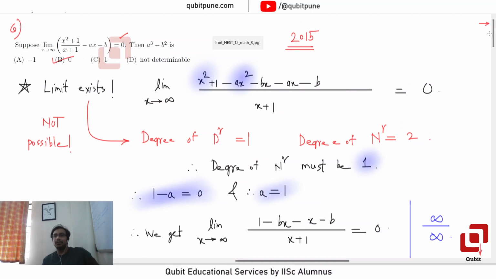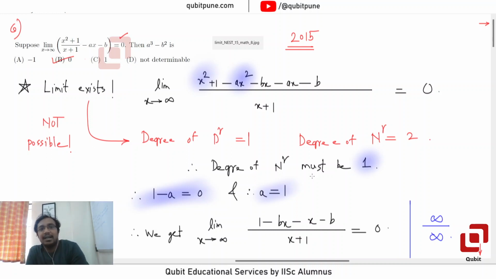Okay, cool. So look, because the limit exists, we can conclude that the numerator's degree has to be equal to that of the denominator. Can't even be less than that. Or can it be less than that?